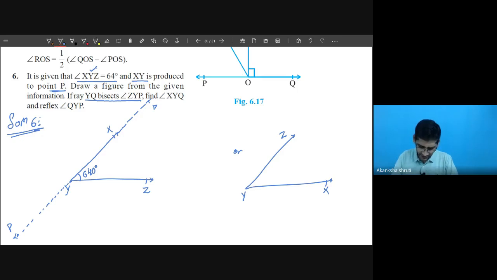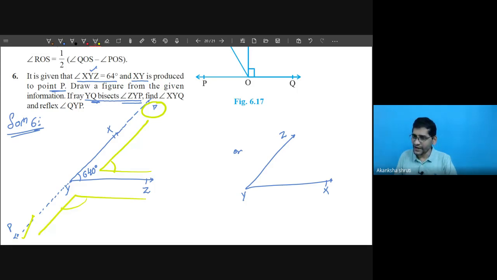If YQ, students, observe carefully. Where is our YQ? Q is again a new thing. YQ bisects angle ZYP. Students, where will be the angle ZYP? If you are taking P ahead of X, then angle ZYP, this angle, will remain the same, 64 degrees. But if you are taking P in this direction, then ZYP is this angle.